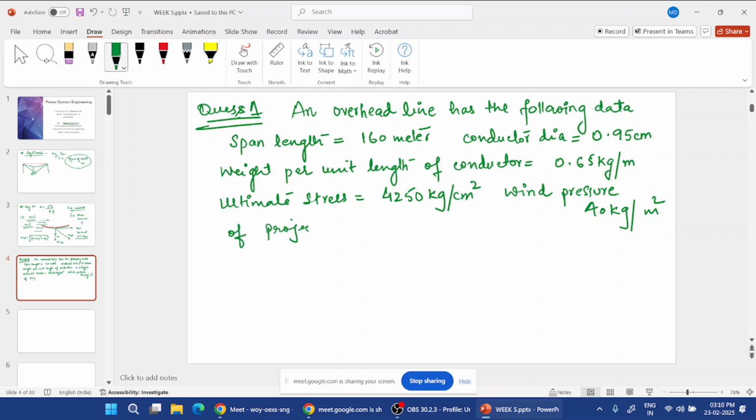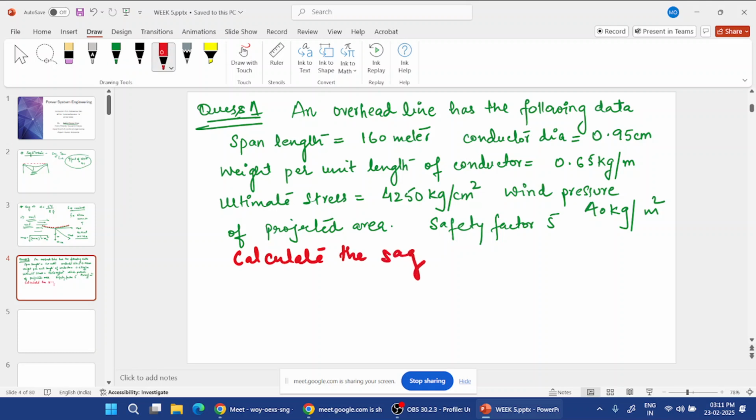Safety factor is 5. So what we have to calculate is the sag.